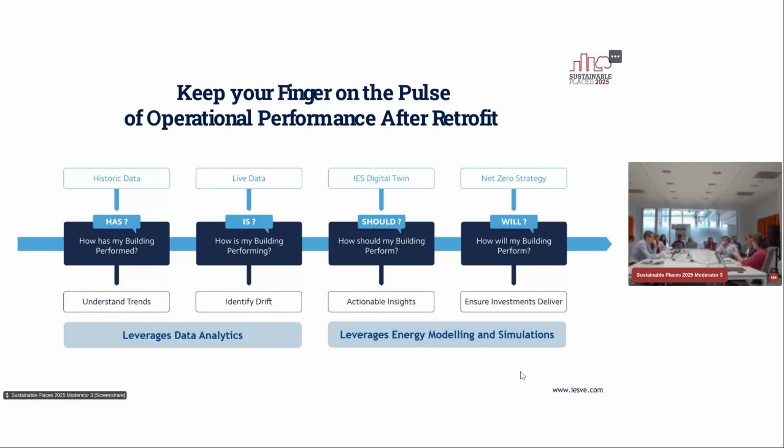Is there any drift? So we use live data that flows from the building. We leverage the data analytics. But then the question is, how should my building perform? So not just how it is performing, but how should it? Can I make it perform better? There are easy wins. So there are operational adjustments to implement to make it perform better.